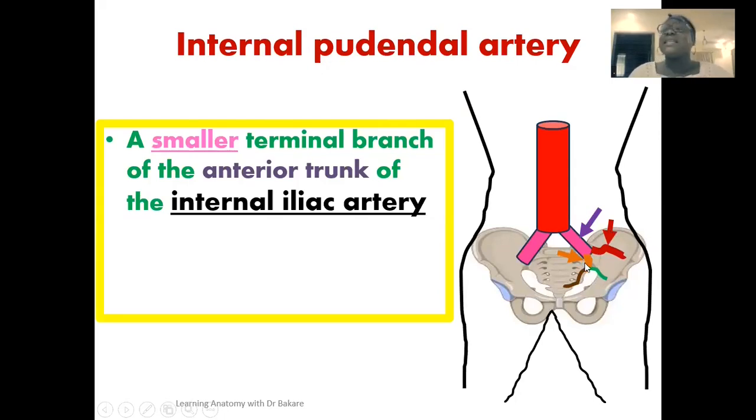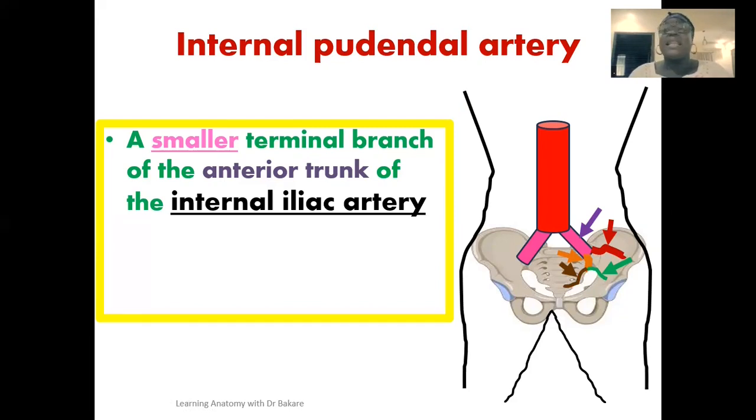This common iliac artery is also seen to further subdivide into the internal iliac and also the external iliac artery. So you have the internal iliac artery at this end, and you have the external iliac artery at the other end. This internal iliac artery is seen to also further divide into the anterior trunk and also the posterior trunk. So you have the anterior trunk here arrowed in brown, and you have the posterior trunk here behind arrowed in green. This anterior trunk, of course, is seen to give off a number of branches. We've tried to describe the branches of the internal iliac artery in our previous lecture.